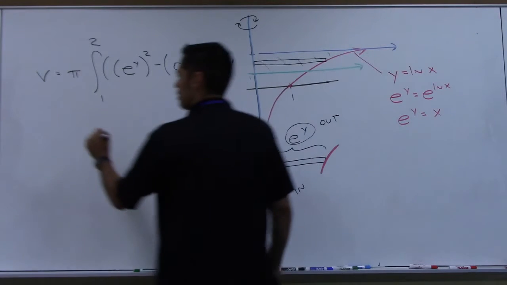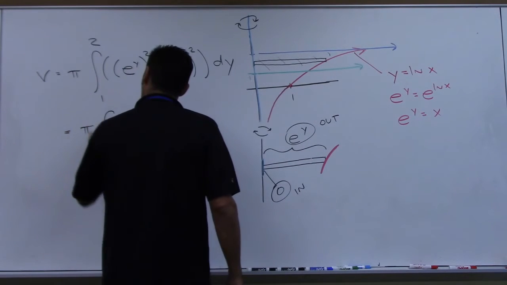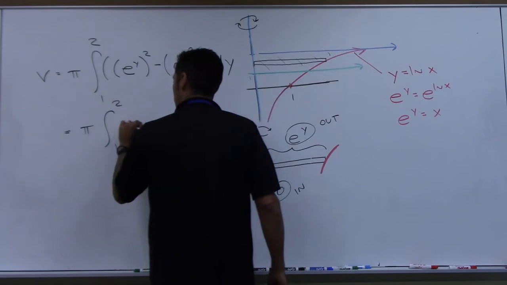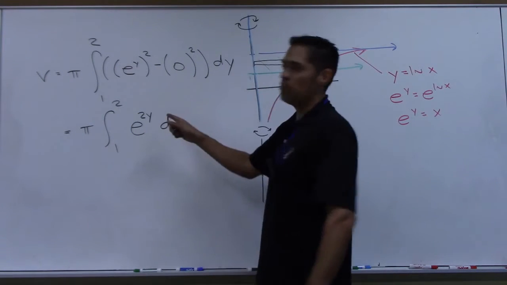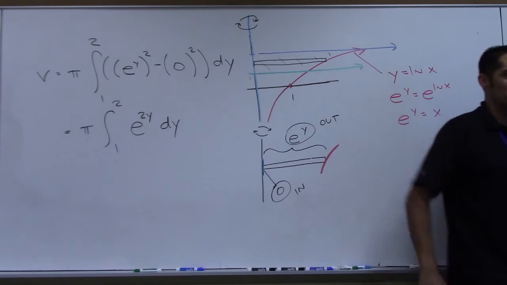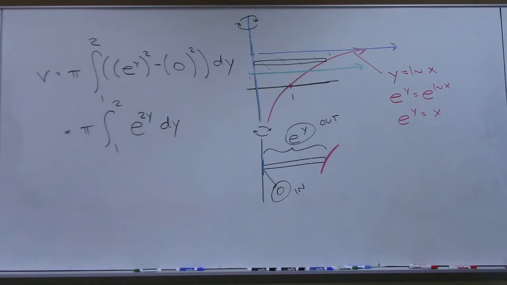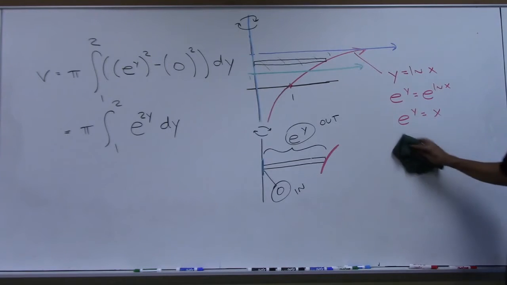That's just pi integral 1 to 2 of e to the 2y, because we all learned on that test on number 5 that e to the 2y is e to the y squared. And can you integrate that?